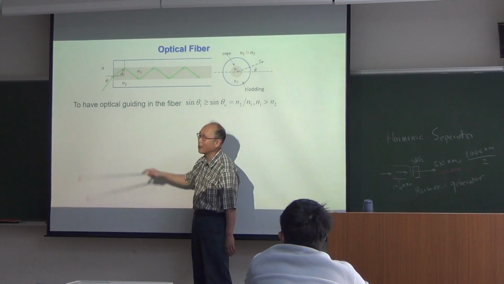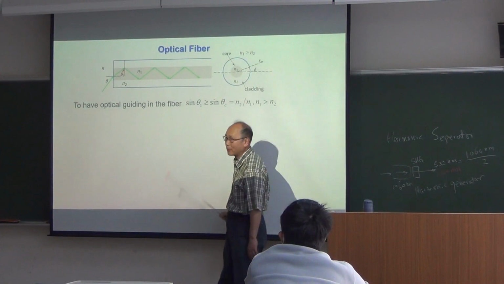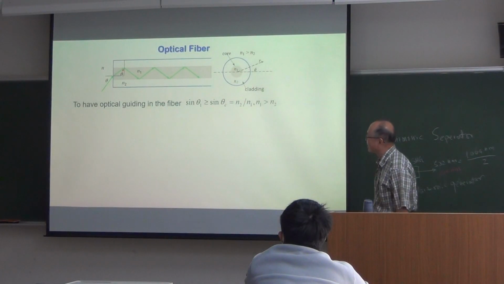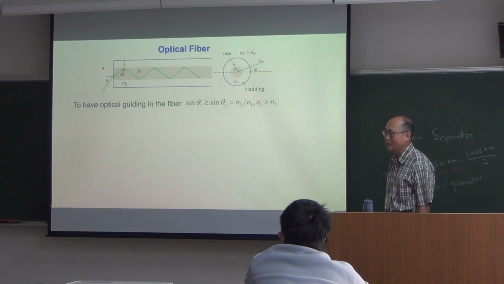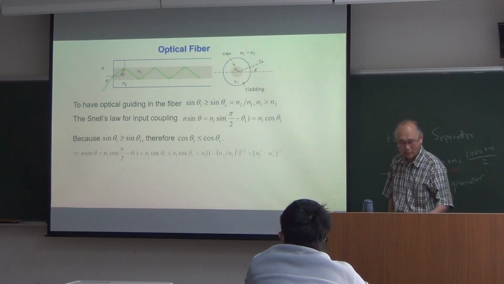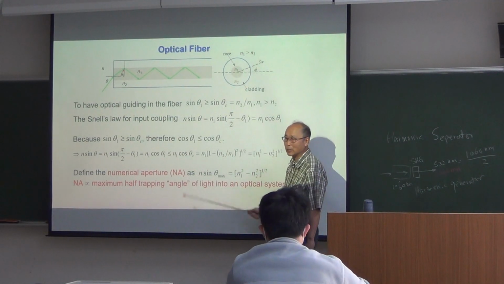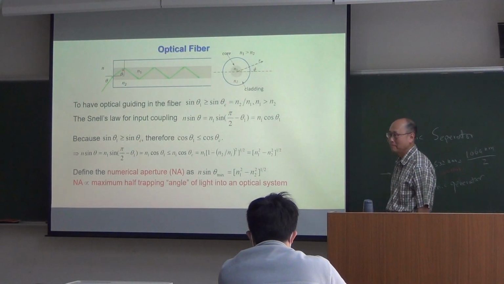There's a cone of light rays that can enter and be trapped inside this optical fiber, and you can go through the calculation to find the opening angle, and we call this the numerical aperture. Okay, the derivation is given in the handout.